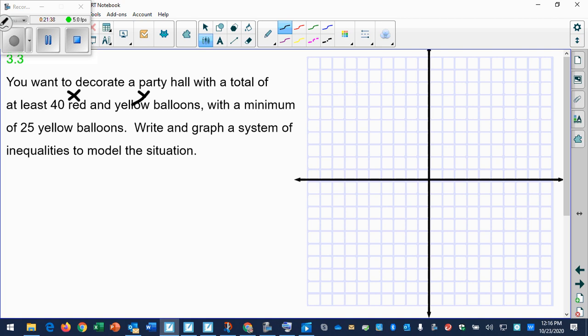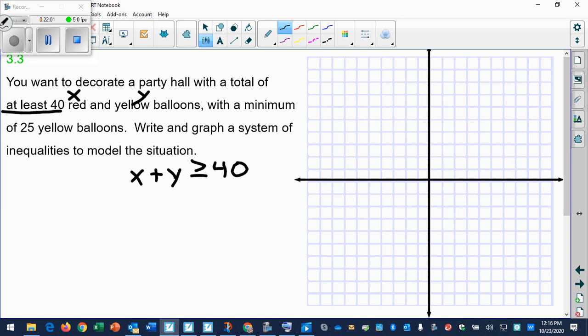Cameron, got one? X plus Y, so the number of red balloons plus the number of yellow balloons is less than or equal to or greater than or equal to? Greater than or equal to 40. Agreed, guys? Okay.